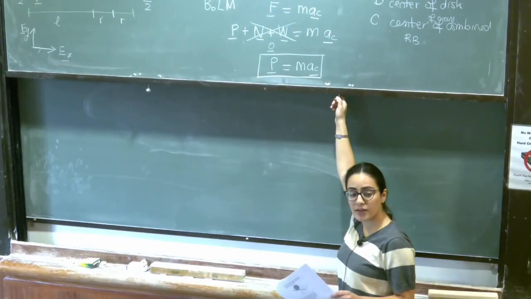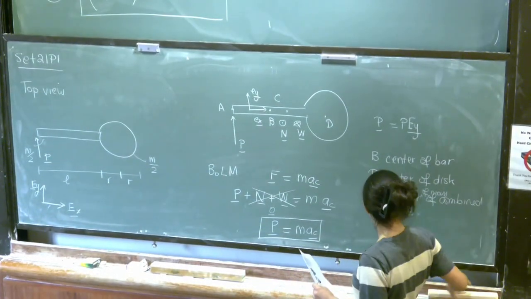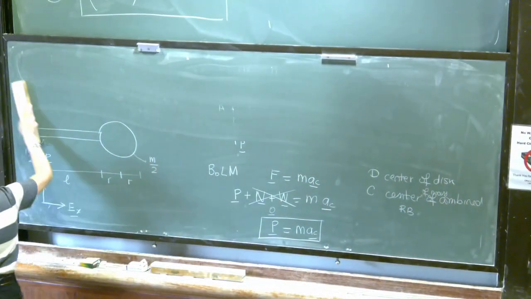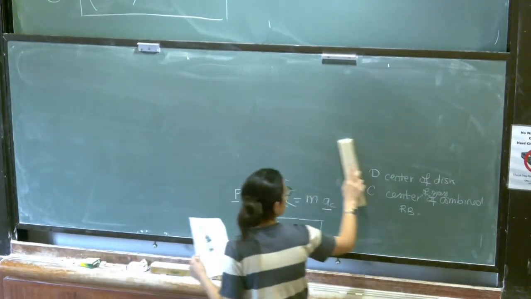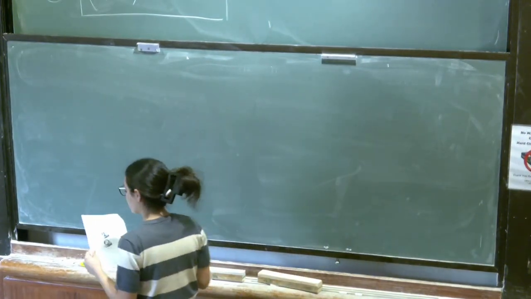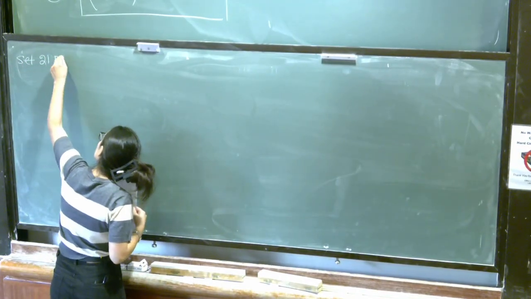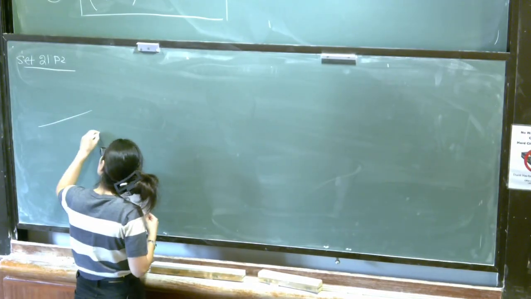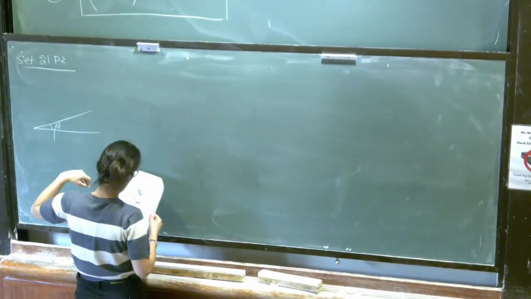Maybe it's a good idea to draw the free body diagram. I'm going to call the angle of the incline beta.